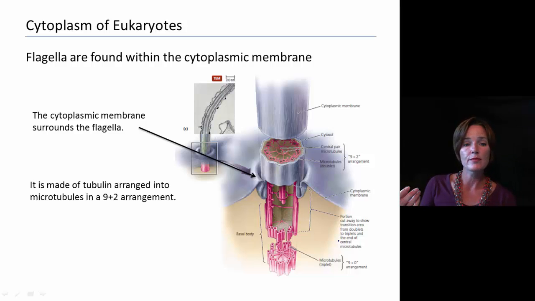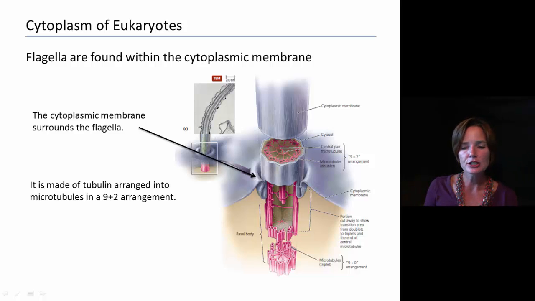This flagella is made up of a different material than what we have in bacterial cells and archaea cells. This particular one is made of a protein called tubulin. That tubulin is made into bigger fibers, which we call microtubules. Then those microtubules get placed into a very specific characteristic arrangement for eukaryotes, and we call it a 9+2 arrangement.